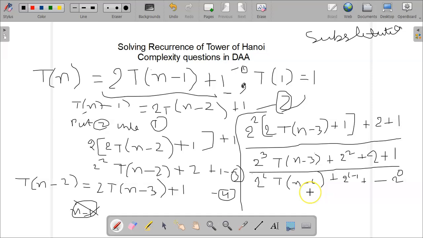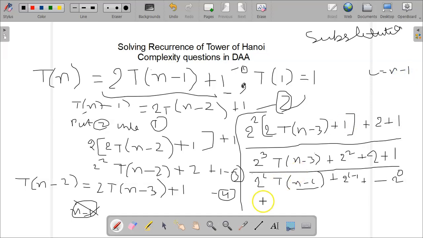After we have generalized with i, we have to put such a value of i so that we get T(1), and that value will be i = n-1.